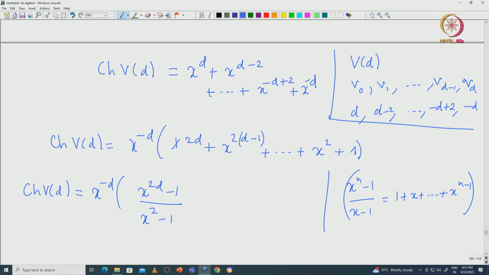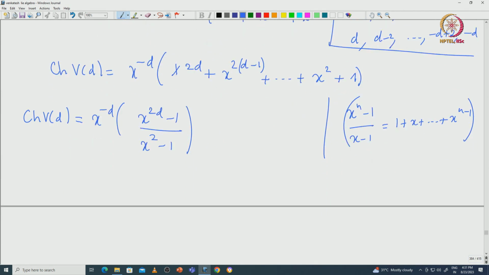You put x^2 to be y, and this is what you get. So, this is equal to the character of VD, which equals (x^D minus x^(-D)) divided by (x^2 minus 1).